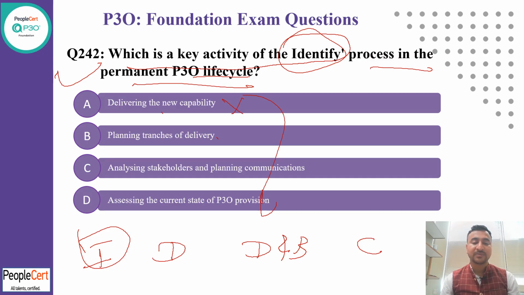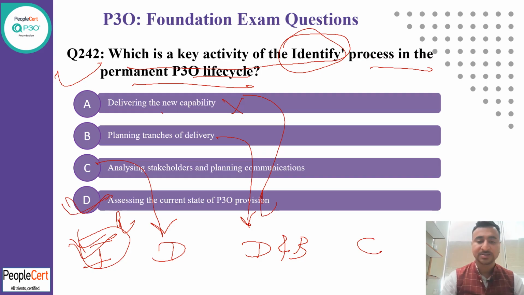Planning tranches of delivery is again the third stage. Analyze stakeholders and plan communication can be done in the define stage. Assessing the current state of the P3O provision, that you can do in the identify stage. So D would be the most correct answer here.